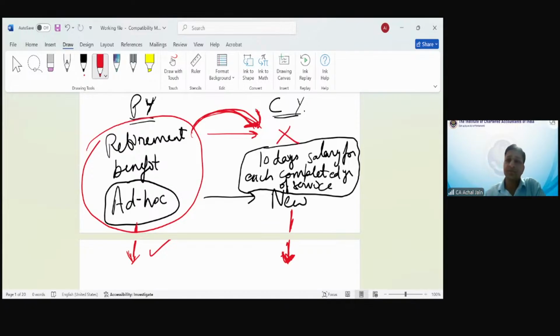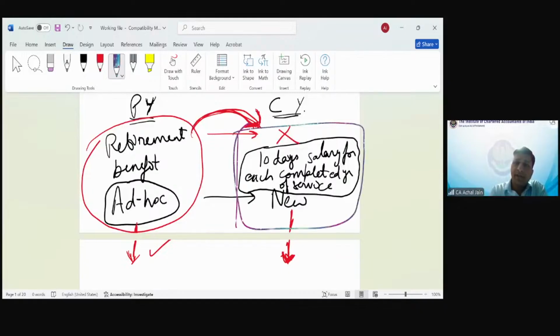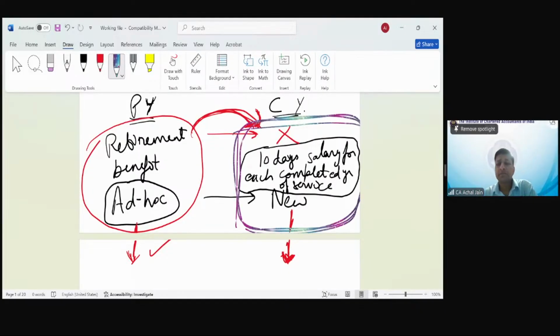But when you have a new employee benefit in the current year, for a new employee benefit, you'll have a different accounting requirement. Is it necessary that the accounting requirement for this new employee benefit should also match with the accounting requirement of any other employee benefit?